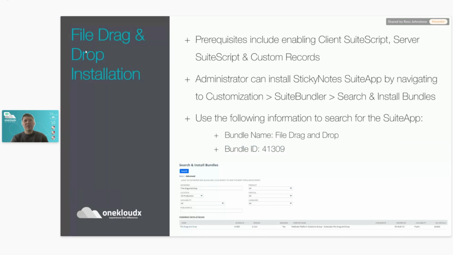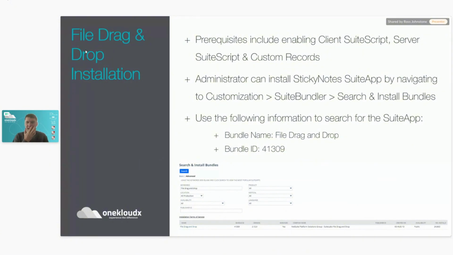So in terms of installation of file drag and drop, again, we have got some prerequisites, which are actually the same prerequisites as the sticky notes. So making sure that we have client suite script, server suite script, and custom records enabled before we go ahead and install the file drag and drop functionality.